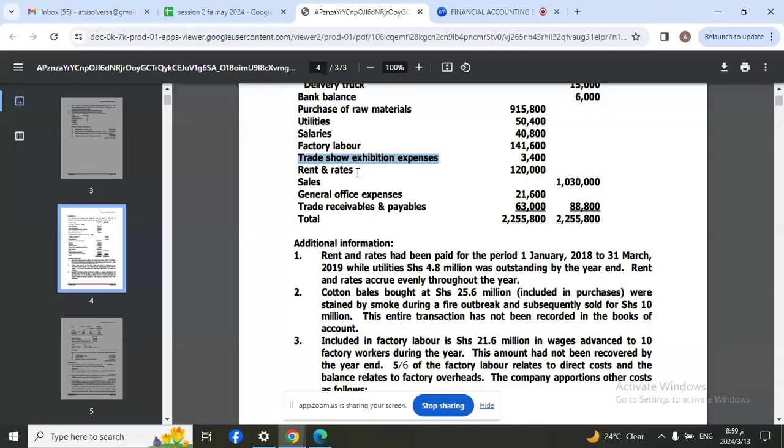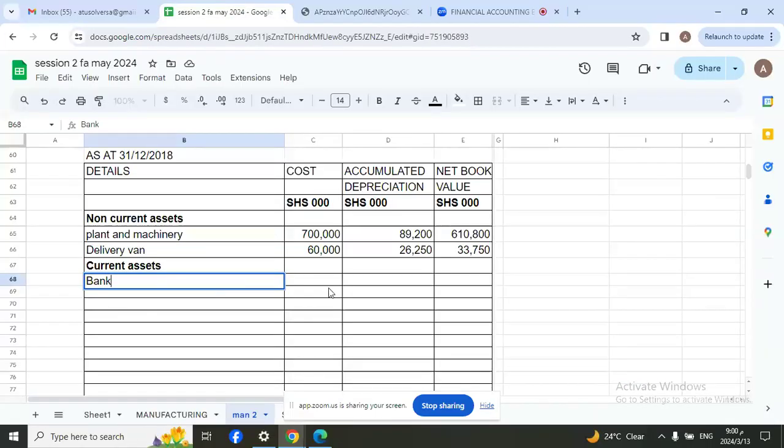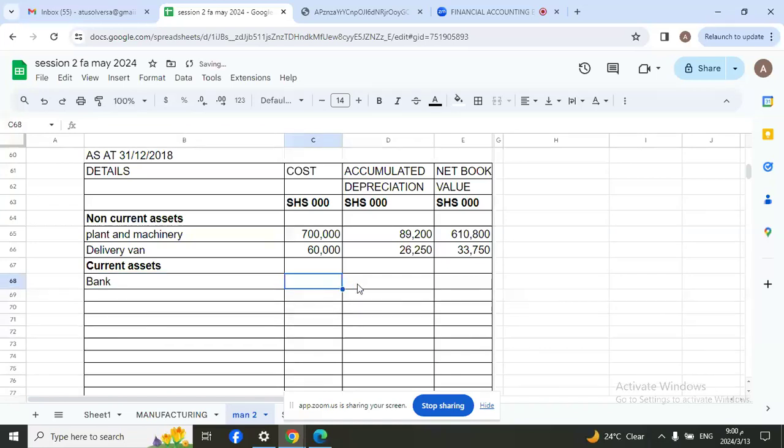Since we had an overdraft, let me do it here. Our bank amount is going to be the 10 million we received minus the overdraft of 6,000. I get my 4,000. Am I clear on the 4,000?